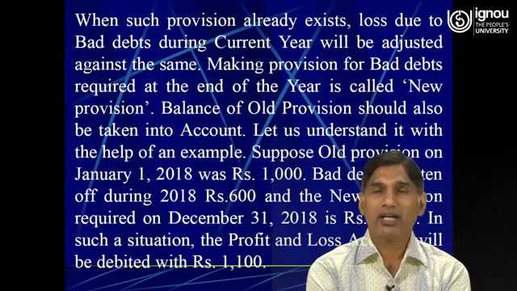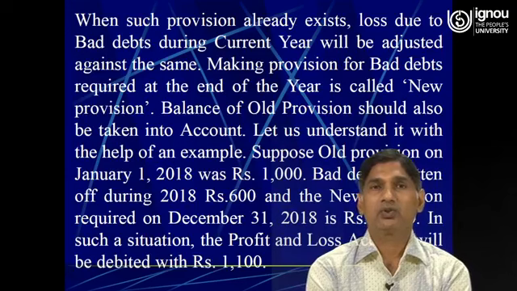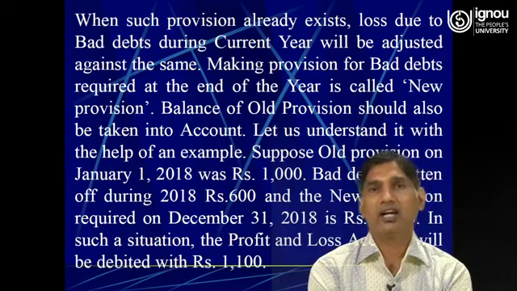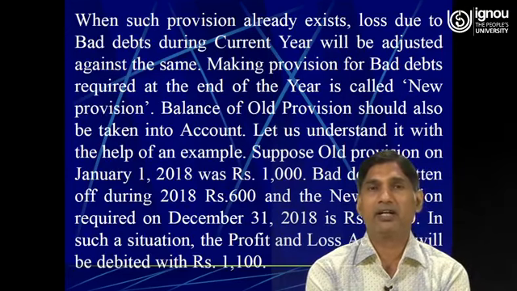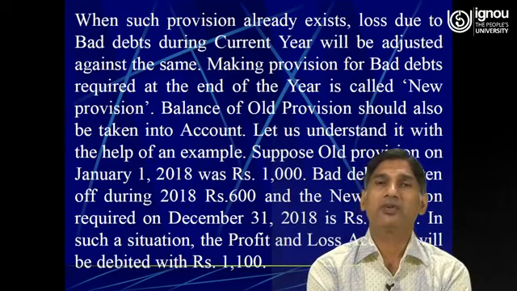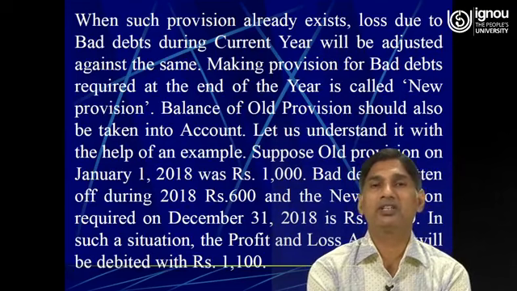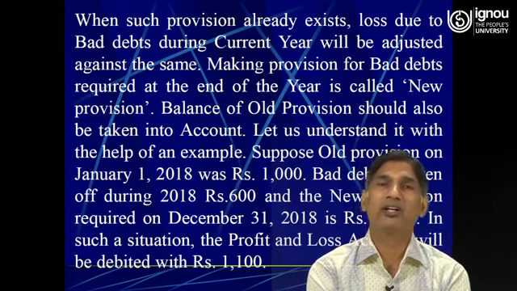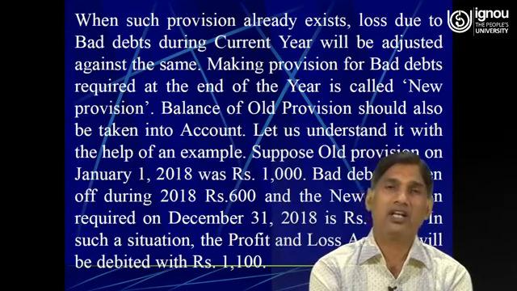Bad debts plus further bad debts, which is 600 provided outside the trial balance, plus new provision of 1500, total 2100, minus old provision, which is 1000 rupees. So 2100 minus 1000 is 1100.